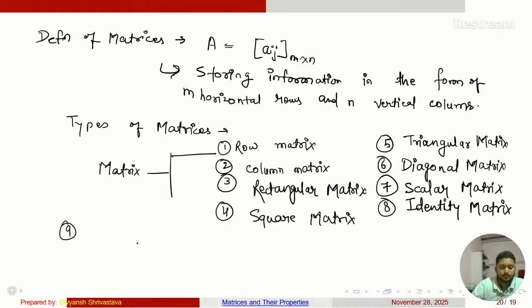Ninth is the idempotent matrix. Tenth is the nilpotent matrix.